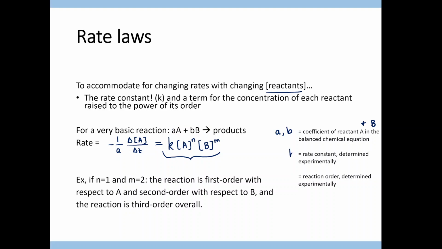Okay, so k is the rate constant, which is determined experimentally. n and m we call the reaction order, also determined experimentally. Often the reaction order is 0, 1, or 2. And what these exponents account for is the change in rate for the change in concentration of reactants.